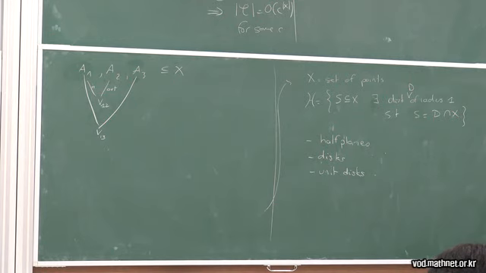Because if you have a connected component of size m, take neighbors incrementally, and every time you add a vertex to your component, you add an edge. So you start with one vertex, there's no edge, 2 vertices, 1 edge, 3 vertices, 2 edges, m vertices, m minus 1 edges. That would already be larger than that. So if you can't find this, that means your graph has no connected component larger than m minus 1.